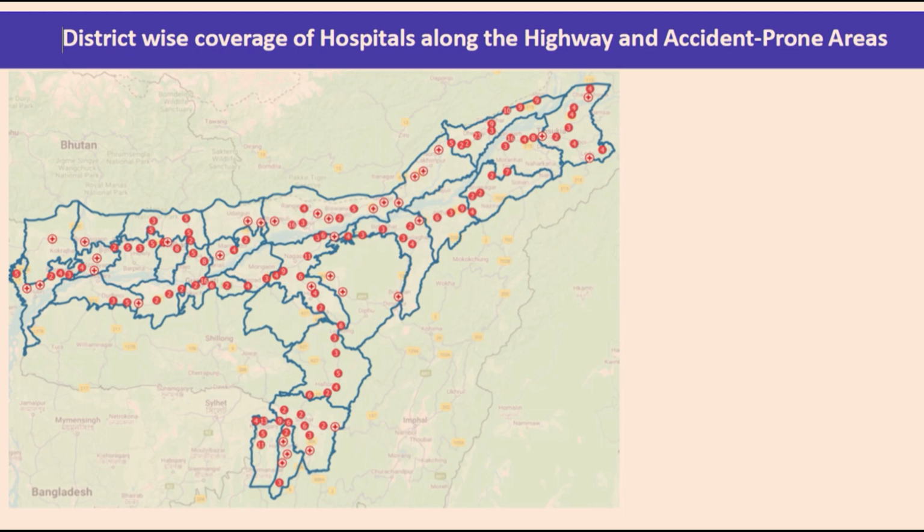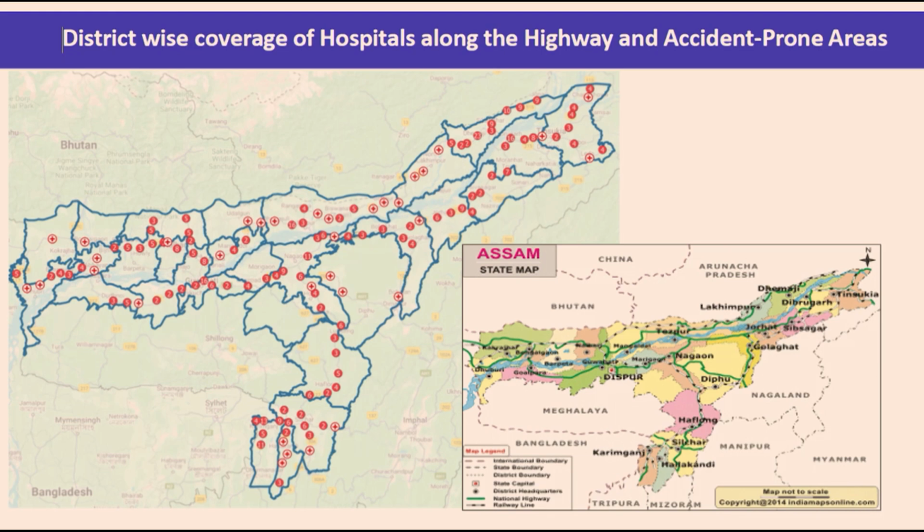This is only Assam, and if you overlap all these highways, you will see that along these highways they have designated and upgraded some existing hospitals so that they can handle trauma care patients. That is the kind of initiative. They realized that post accident, if they are able to treat the patient within the golden hour, then a lot of fatality can be reduced.